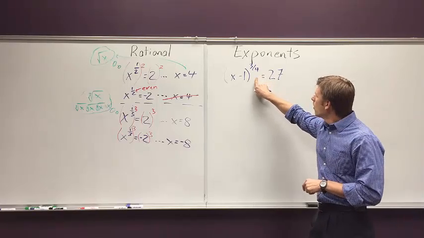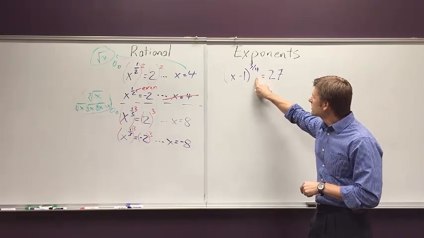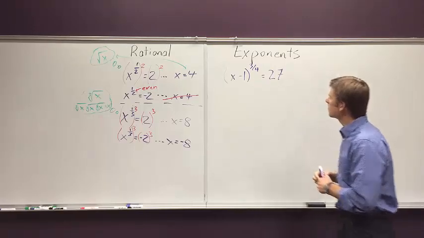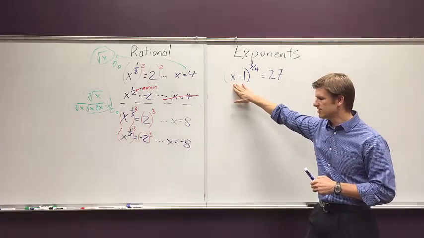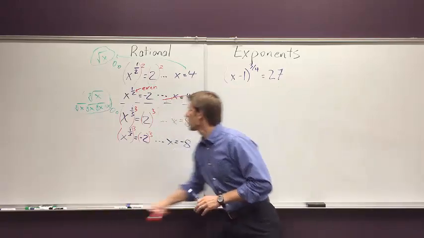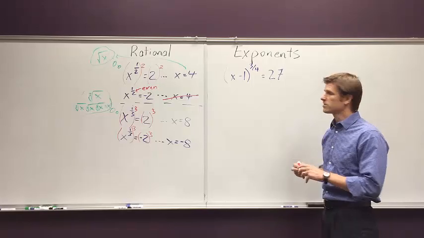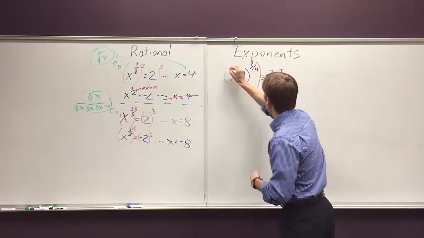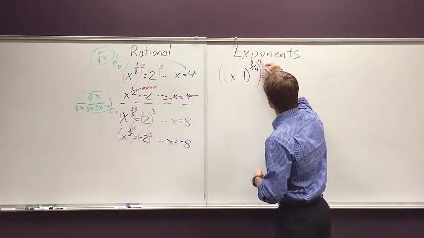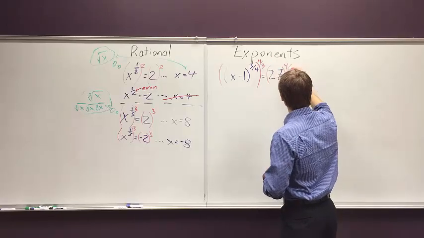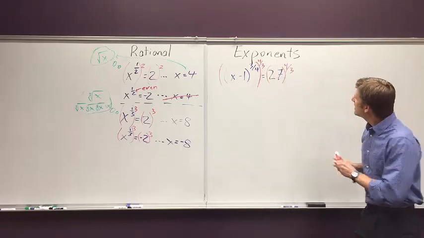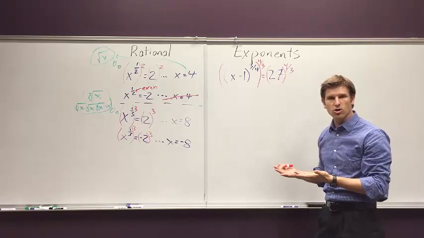So what happens here is I'm going to say, well, I'd really like to get x by itself. Okay. So I'll go ahead and do my work in red again. I'd really like to undo the 3/4 power. Well, how do you undo the 3/4 power? How about raise it to the 4/3?